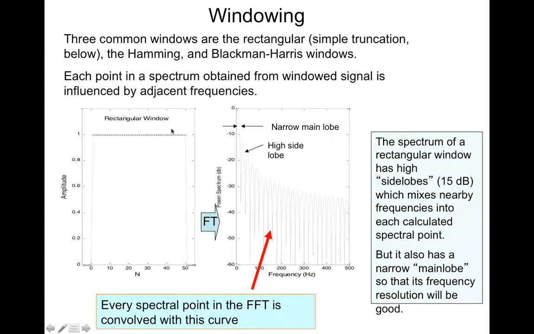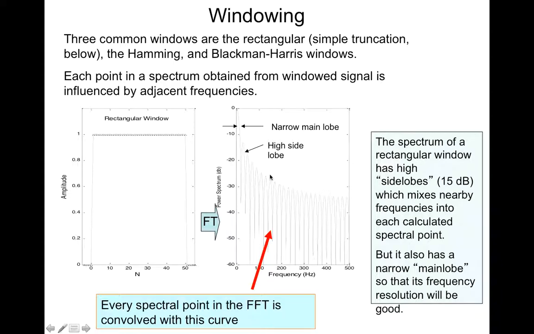So here's a rectangular window, and here is the FFT of this rectangular window function, showing you what the spectrum of the rectangular window looks like. Notice that it has a very narrow main lobe, but relatively high side lobes.